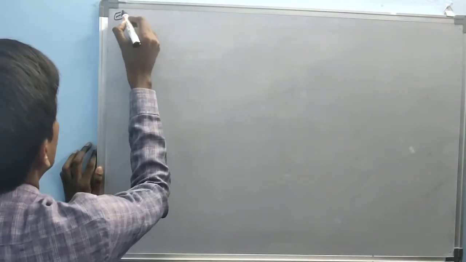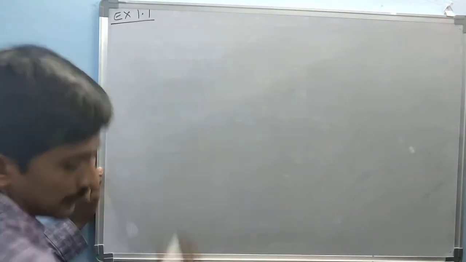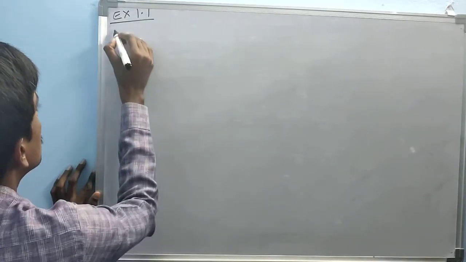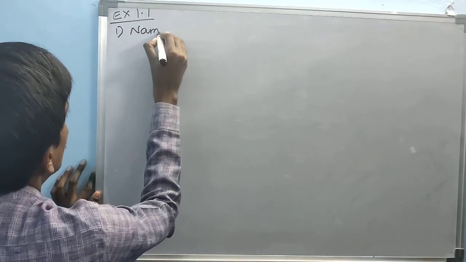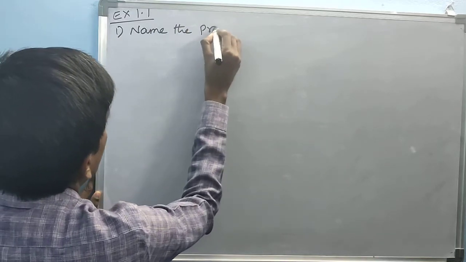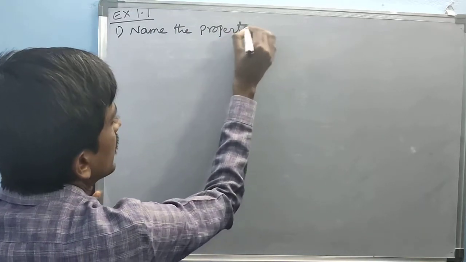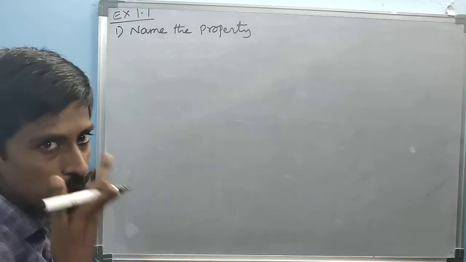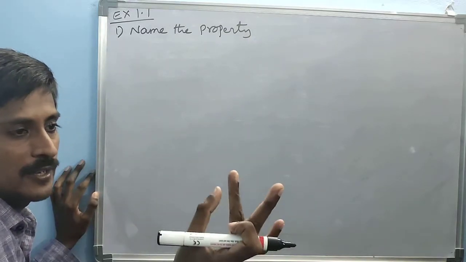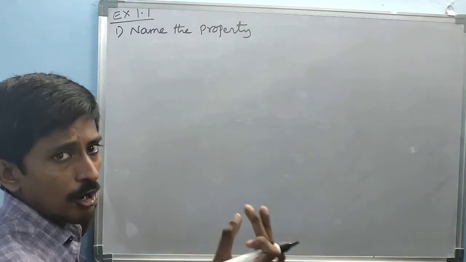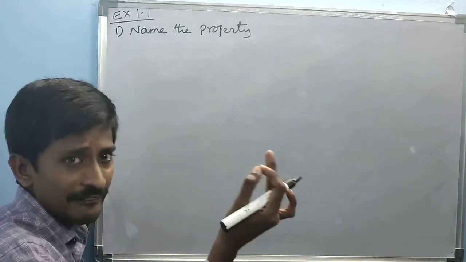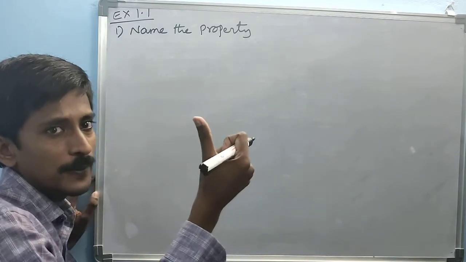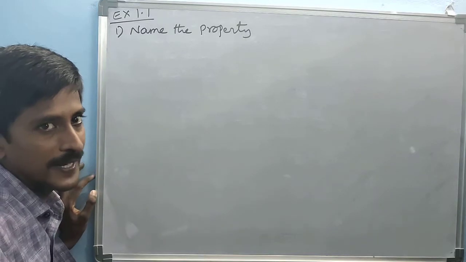Next, exercise 1.1. Name the property involved in the following examples. First one. Name the property. Already I told you some properties: closure property, associative property, commutative property, inverse property, identity property, and distributive property.